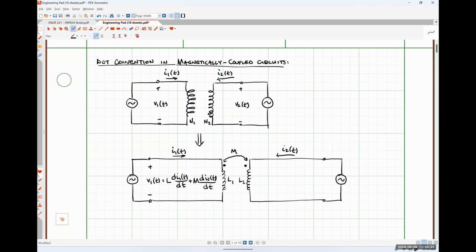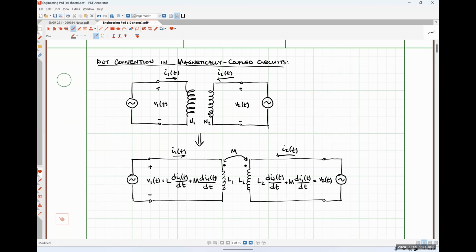Similarly, we're going to have a voltage V2 over here, where this will be L2 di2 by dt plus M di1 by dt.